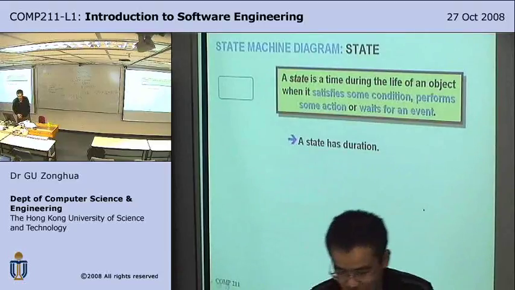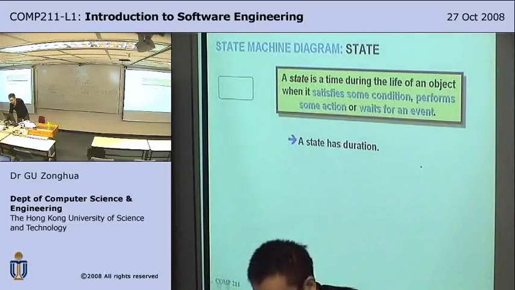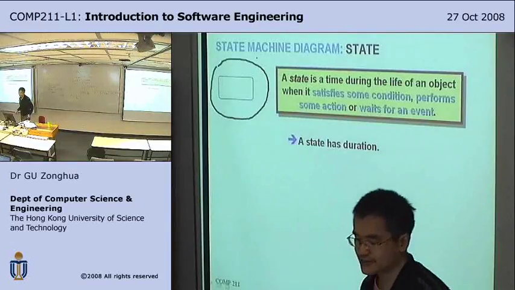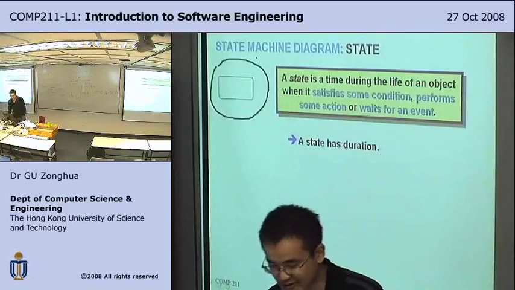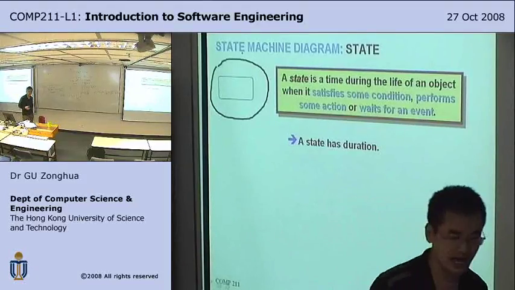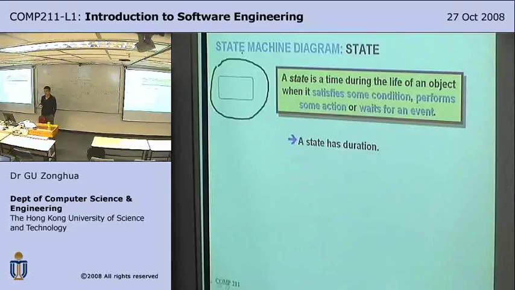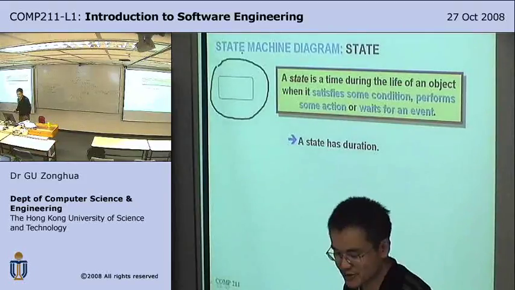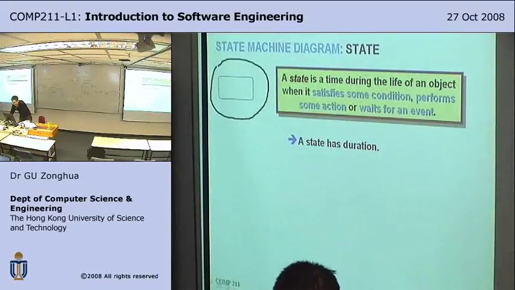So a state is represented as this rectangle. Sometimes it's drawn as a circle. Both are fine. Notice here it is not a class anymore, unlike what we saw before. This is just a notation. It's not a stereotype for a class.